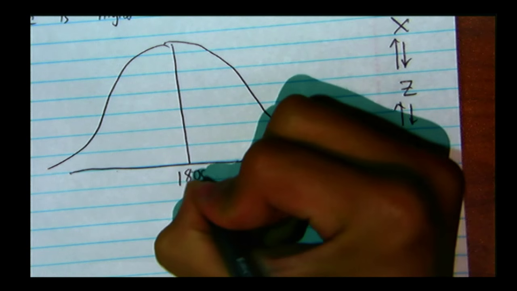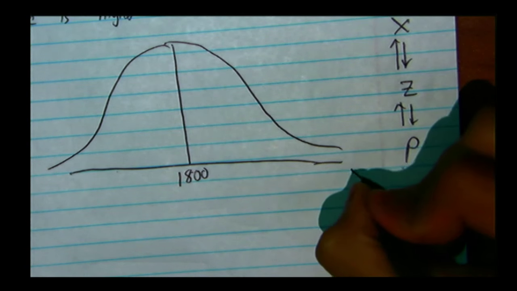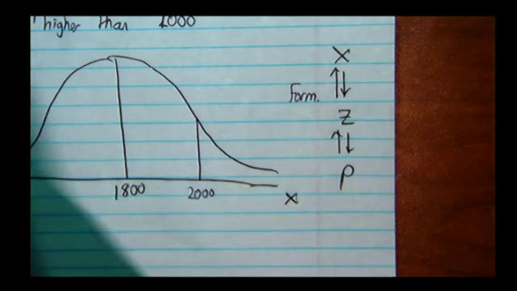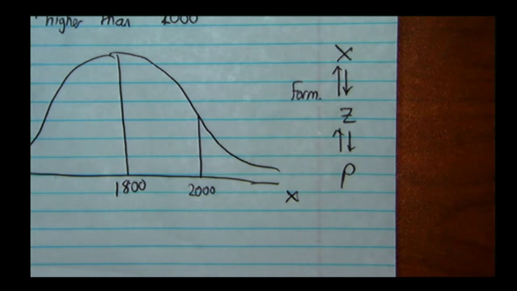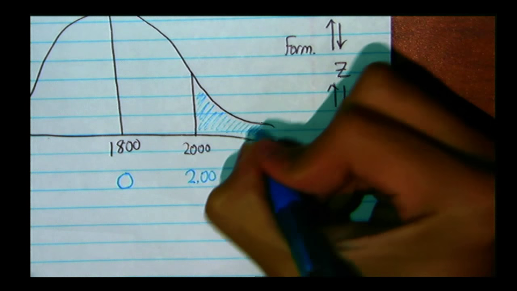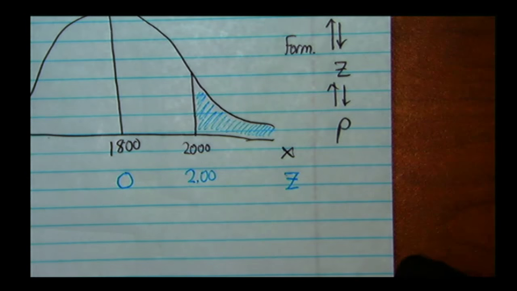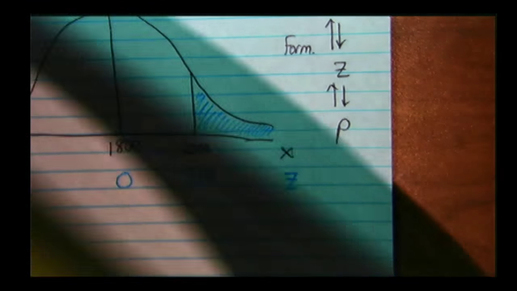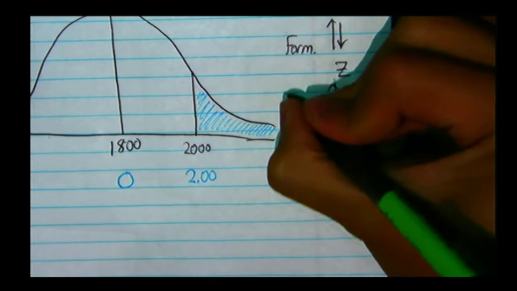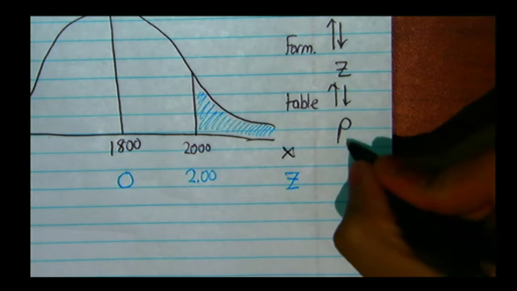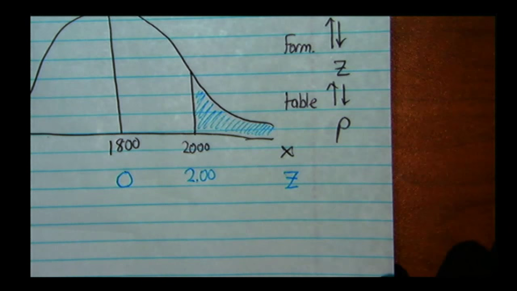So x, we can use a formula to change my x to a z-score. Of this. Okay, so we have to go from our z-scores using our table to find probability. So we have to find this area in blue. The problem, though, is our tables can't find that for us directly.